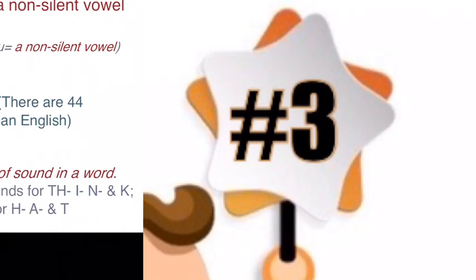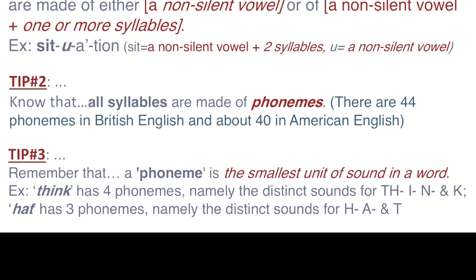Tip number 3. Remember that a phoneme is the smallest unit of sound in a word. Examples, thank. Thank has 4 phonemes, namely the distinct sounds for th, a, n, and k.